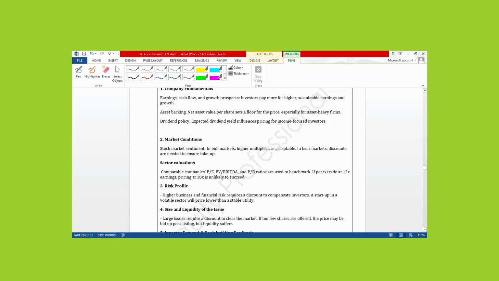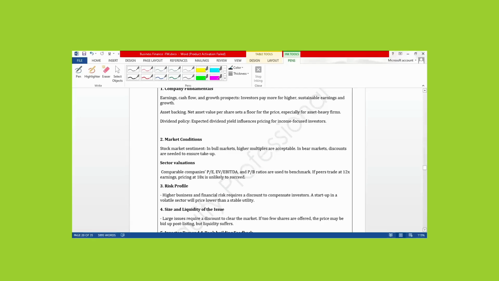Number 3, risk profile. Higher business and financial risk requires a discount to compensate investors. A startup in a volatile sector will price lower.